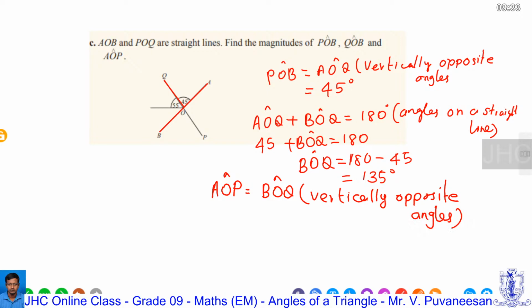Okay, so we know the value of BOQ, 135. So AOP equal 135. Okay.